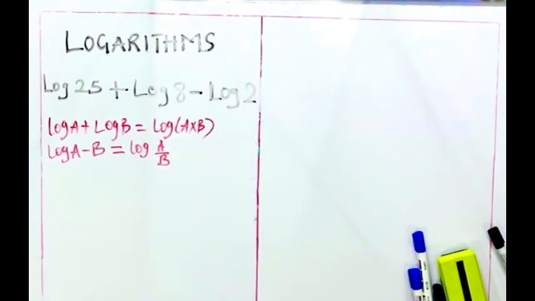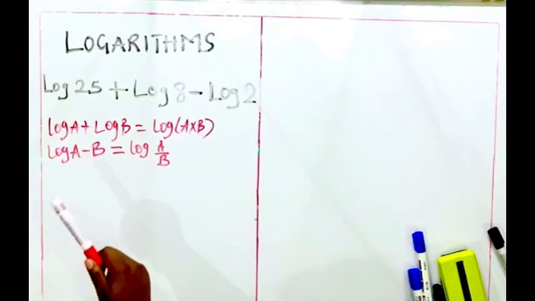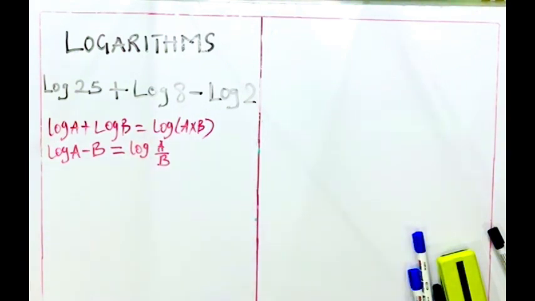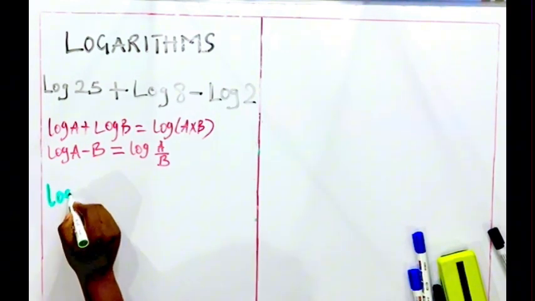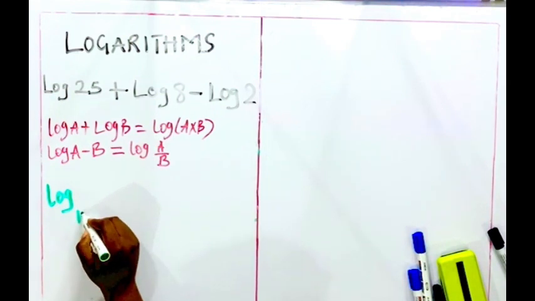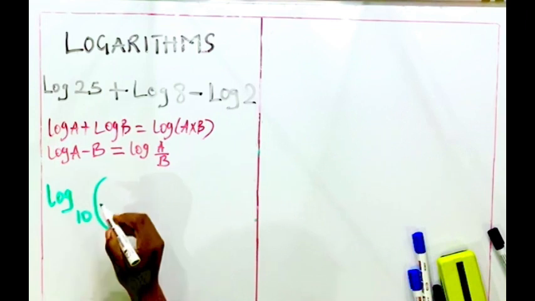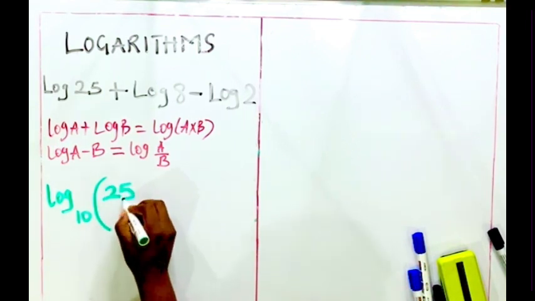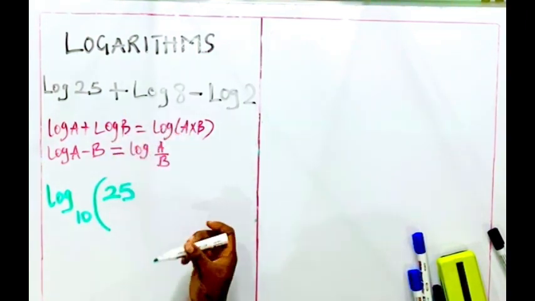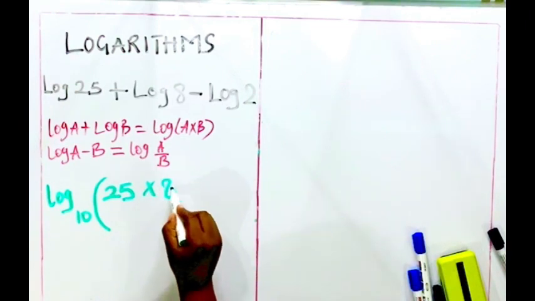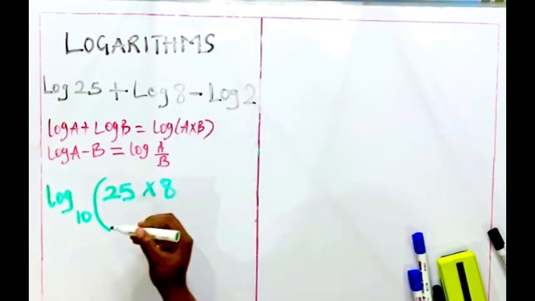If you've noticed, the addition sign changes to a multiplication sign, and the subtraction sign changes to a division sign. So in this question, this will be log to base 10, the default base, open bracket, 25 plus log 8, that is times 8, minus log 2.